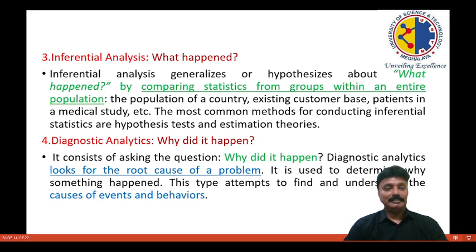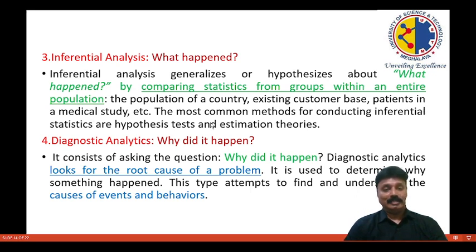Then inferential analysis, that is, what happened. It indicates the past. Inferential analysis generates hypotheses about what happened by comparing statistics of a group within an entire population, such as the population of a country, an existing customer base, or patients in a medical study.